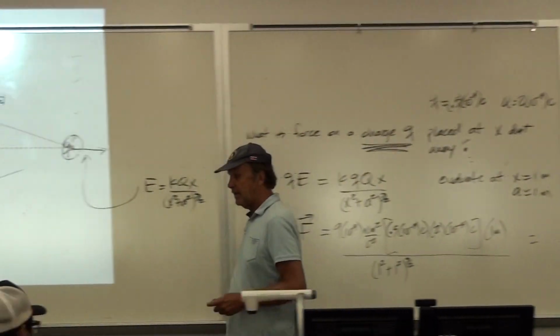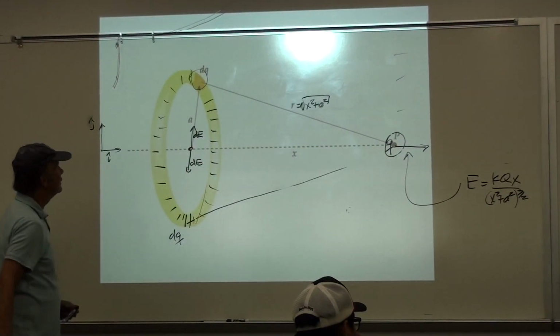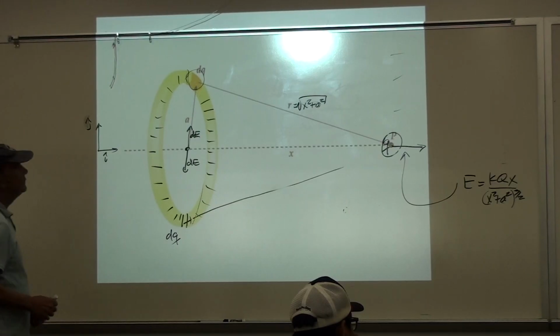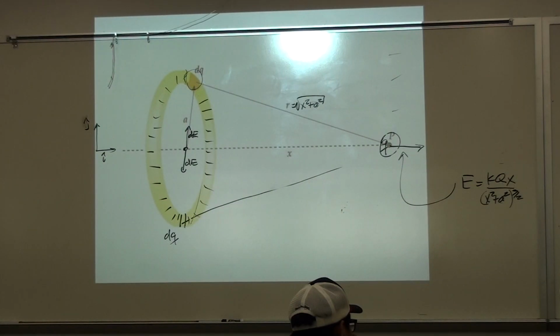Okay, next, let's find a charge Q that I can put at the center so that the electric field is 0. And let's just find this as a function of x, so we don't have to punch out numbers.